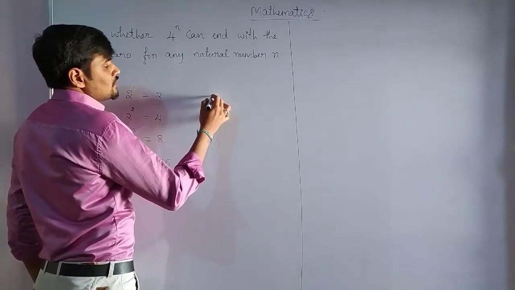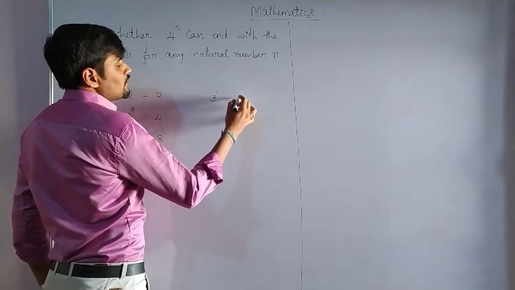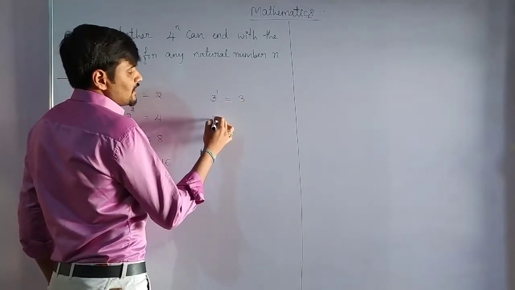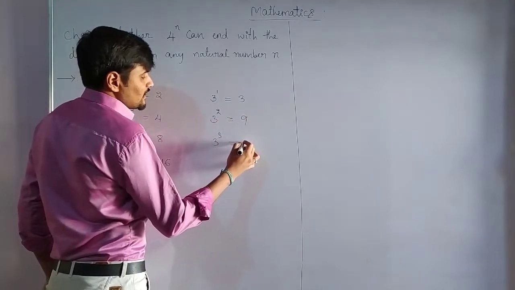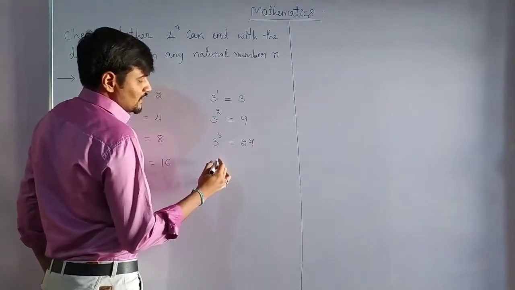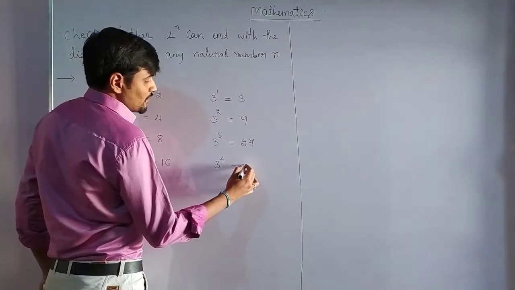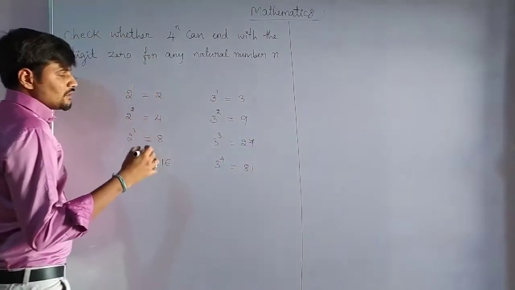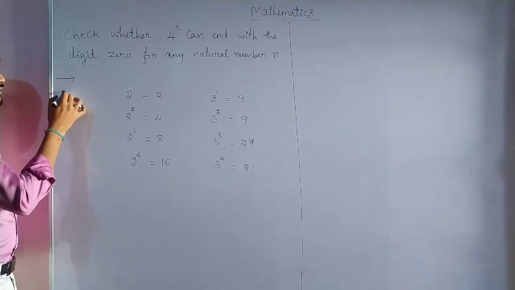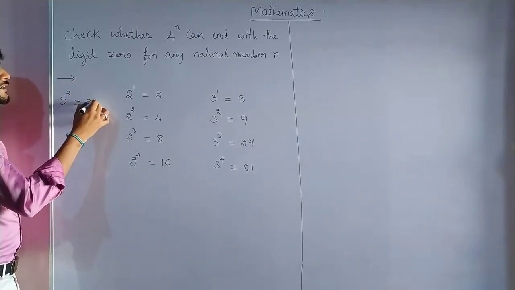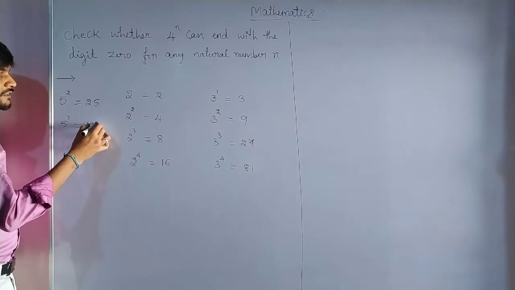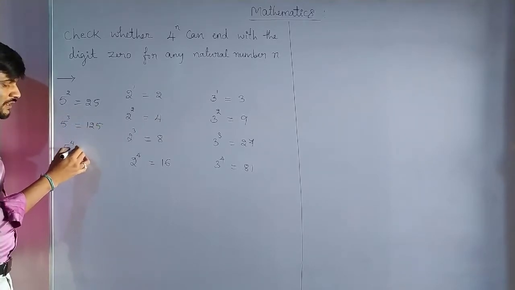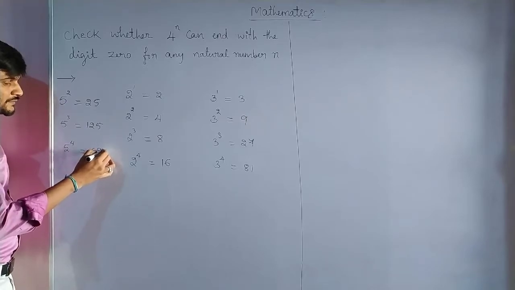Similarly, you can take 3 power 1, that is 3, 3 power 2 is 9, 3 power 3 is 27, and 3 power 4 is 81. Let us take 5 power 2, which is 25, 5 power 3 is 125, and 5 power 4 is 625.